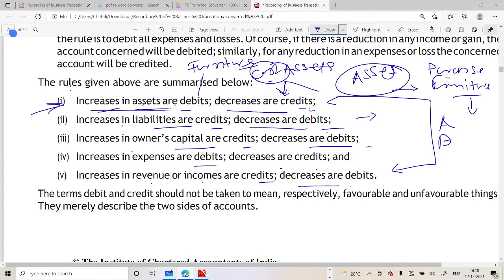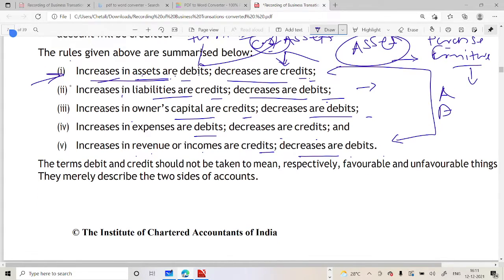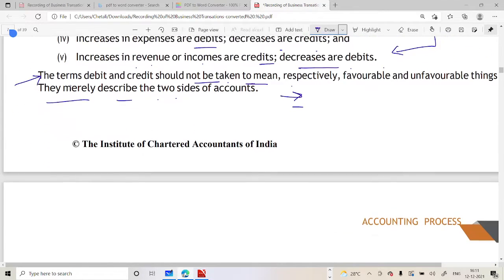Eventually we are paying, it means it will decrease, correct? So you can link this with these two terms. The terms debit and credit should not be taken to mean respectively favorable and unfavorable things, they merely describe the two sides of an account. Okay.